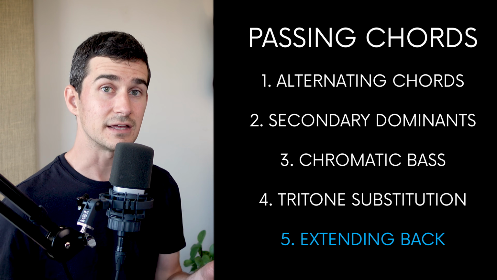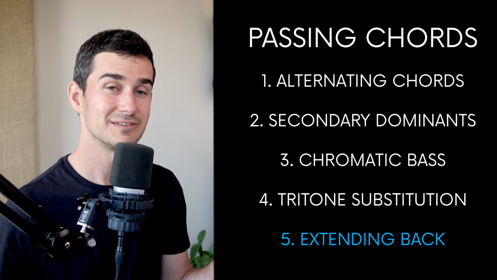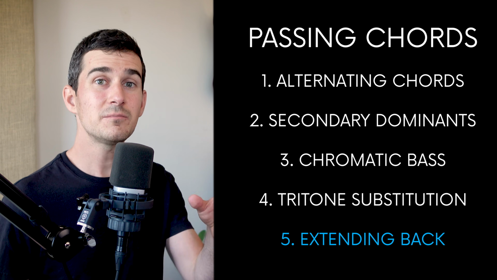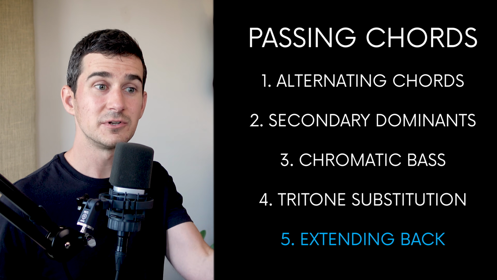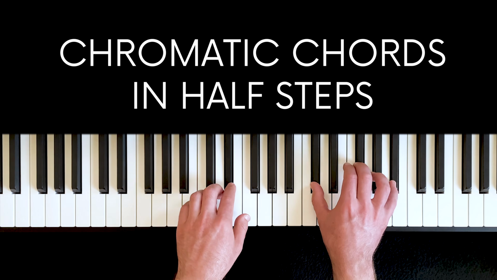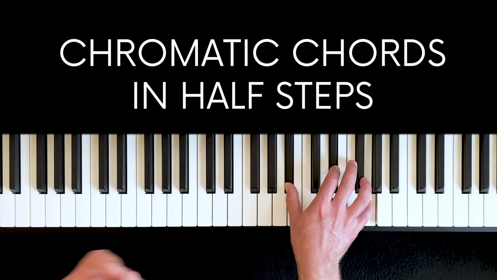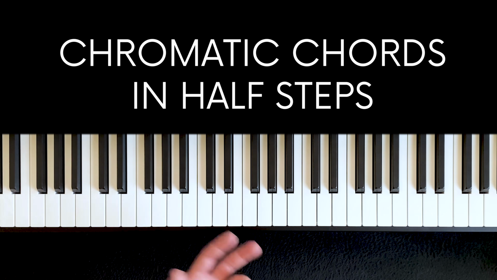If you want to add in more chords to your passing chord moment, you can use the same principles we've been using to lead strongly from one chord into the next, but just extend them further back from where you want to arrive. And we already saw that with those chromatically moving chords in half steps. We could extend that further and get more passing chords.